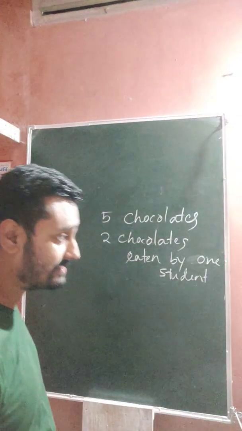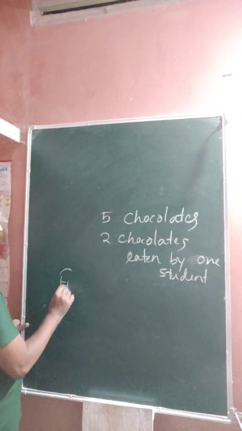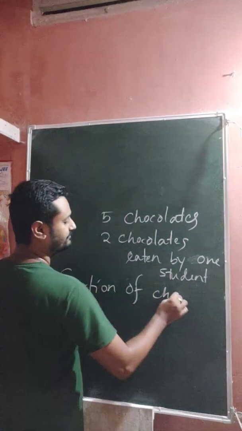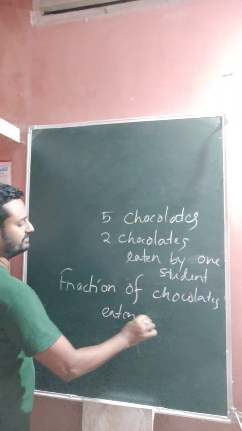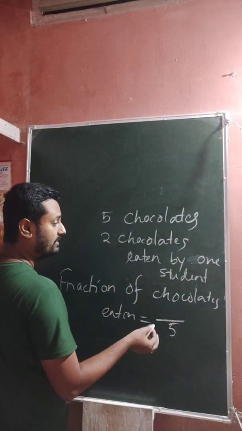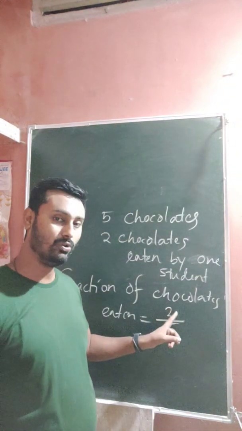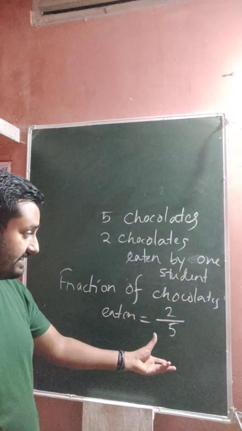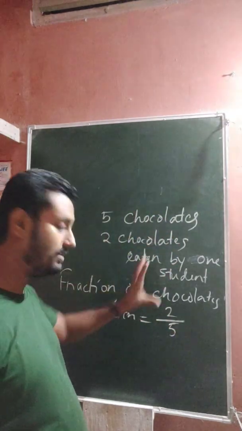If the question is what fraction of the chocolates is eaten, then the total number of chocolates, which is 5, we have to write in the denominator, and how many eaten, that is 2. That means out of 5, 2 chocolates are eaten. Okay, that means 2 by 5. So this is how a fraction is used. I have just given an idea with this example.